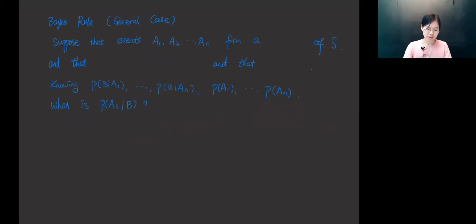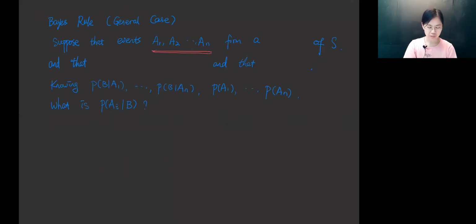The Bayes rule we just introduced and used is the Bayes rule for a pair of events. There is a more general Bayes rule that applies in the situation where the sample space is partitioned into a group of n events, A1 to An.